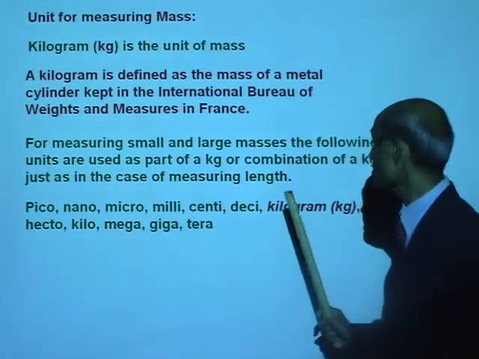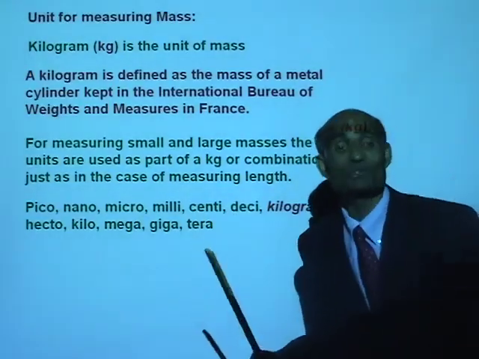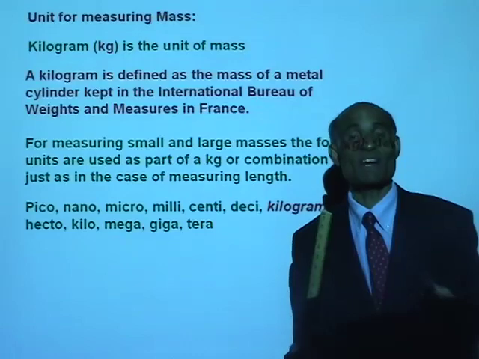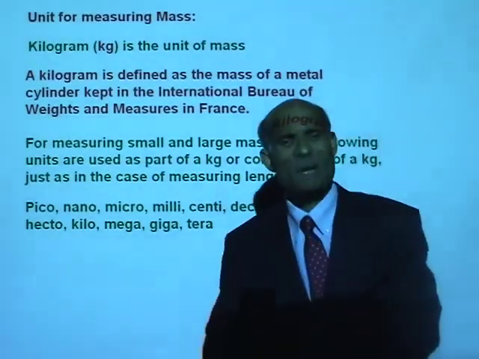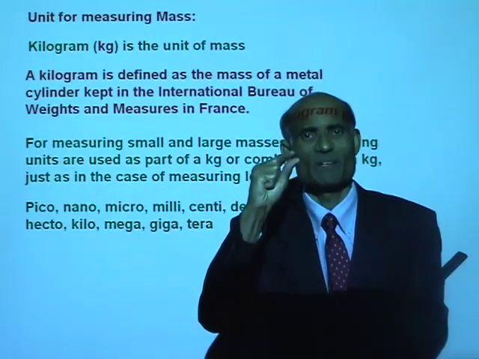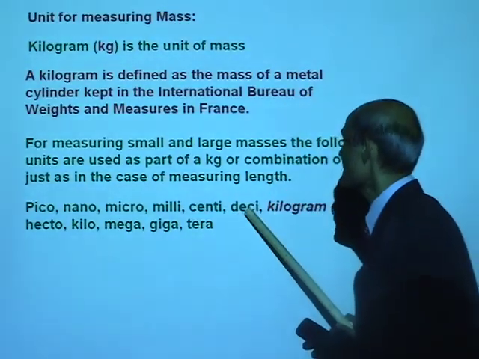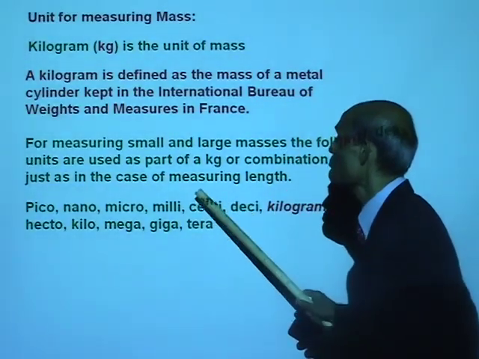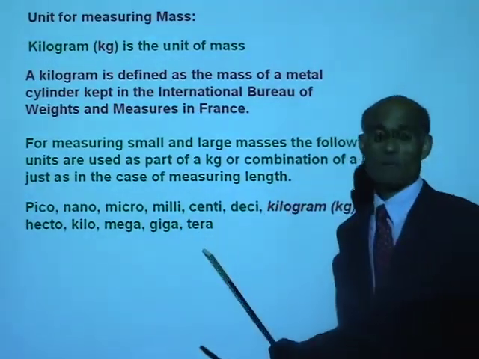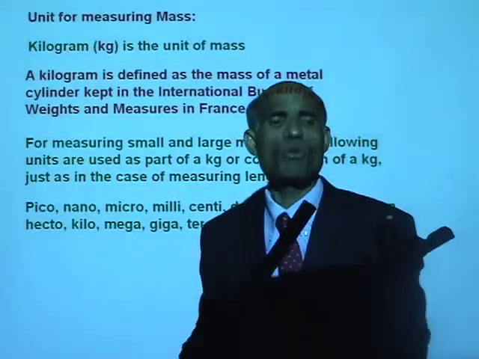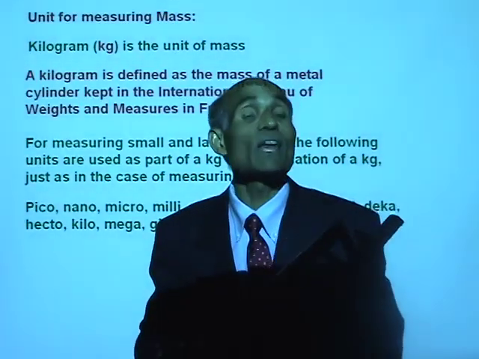A kilogram is actually 1,000 gram. 1,000 gram is a kilogram. Now, a gram is a very small quantity. Alright? So we use a decigram, a centigram, a milligram, and so on. So, we will only talk about grams and kilograms.